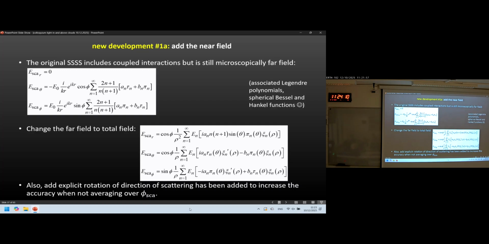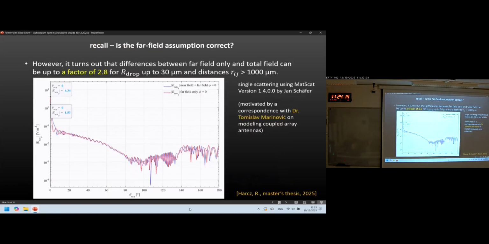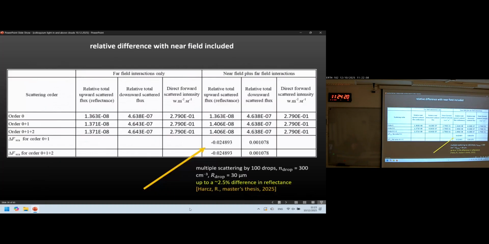Again, essentially we're playing with the same polynomials and spherical Bessel and Hankel functions in these solutions. And again, this is the factor 2.8 that Roby found. That was on a single drop. What happens when we do a whole cloud? Here we have the difference in reflectance, just adding the near field, between my original SSSS and including the near field.